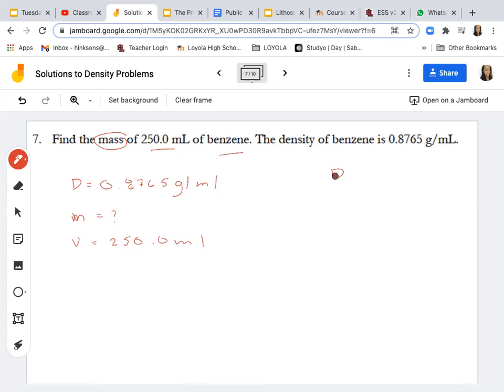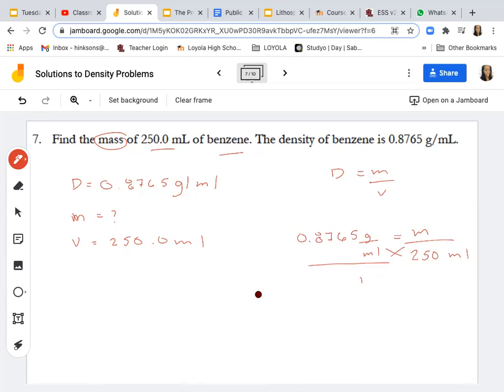So now the way I did it, basically I multiplied the density by the volume. Okay, just a second. I'm going to plug things into the formula, and then you're going to tell me what to do. So you said you did the density times what?